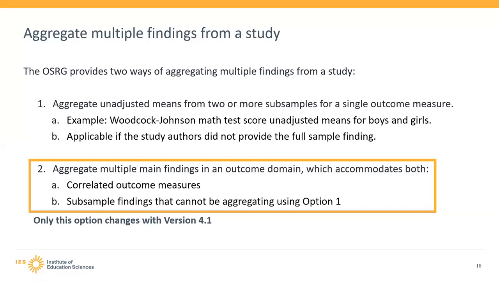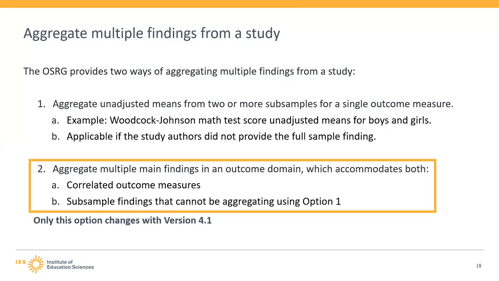First, users can aggregate unadjusted means from two or more subsamples for a single outcome measure. For instance, a study could report unadjusted means separately for boys and girls for a specific mathematics test without reporting the means for the combined sample. This option remains the same from version 4.0 to 4.1.